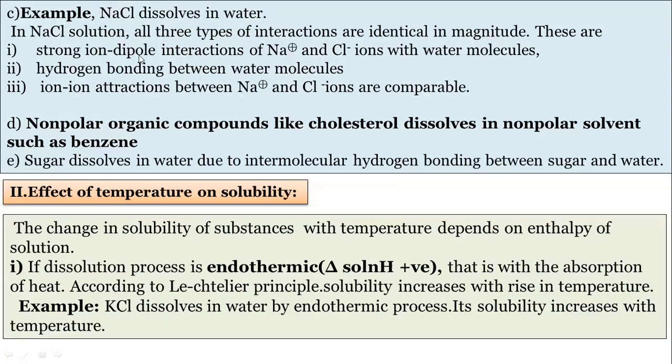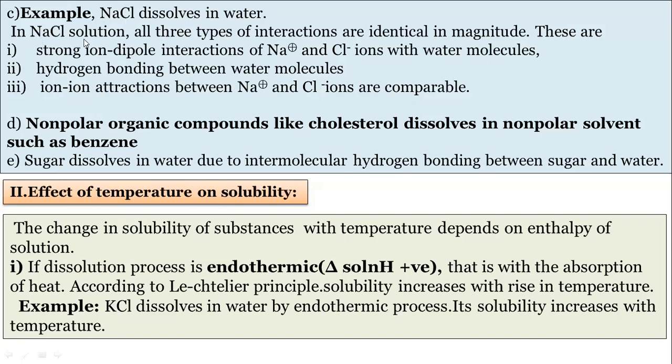We will take one example of NaCl. NaCl is a polar, solid solute, and it dissolves in water. Water is also polar. So why does it dissolve? NaCl dissolves in water because both NaCl and water are polar.